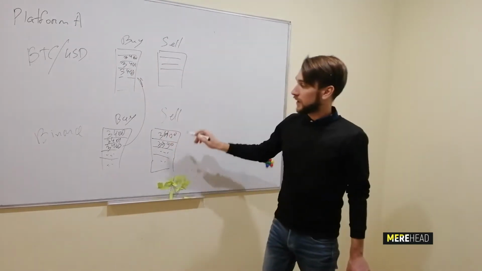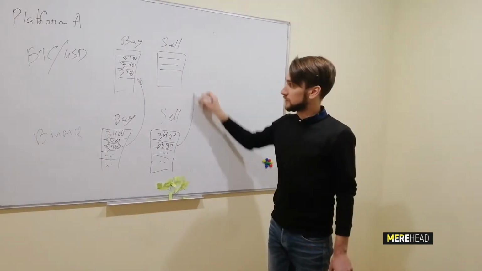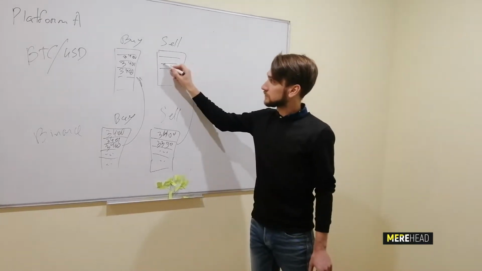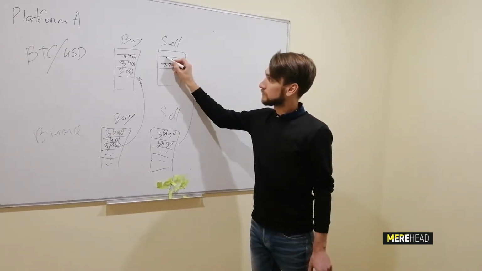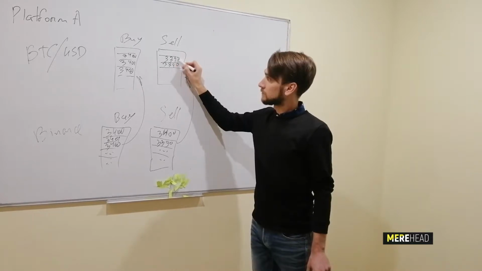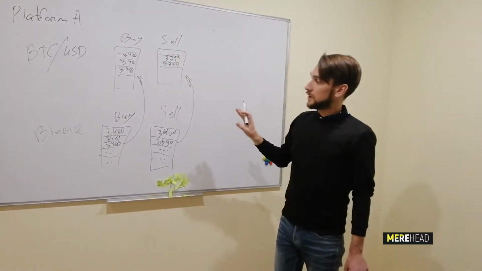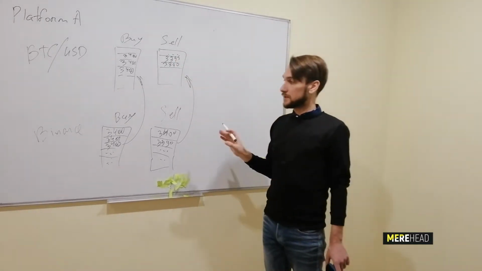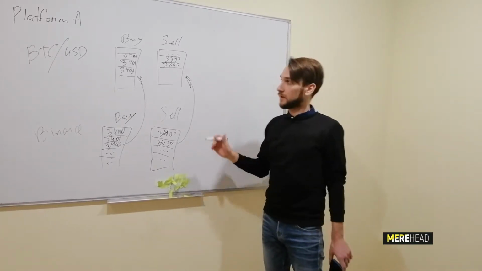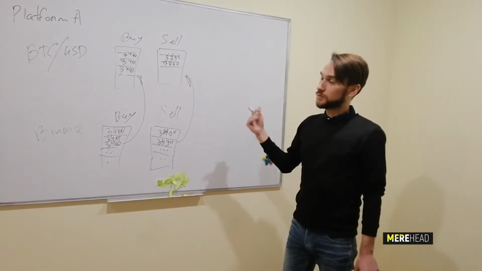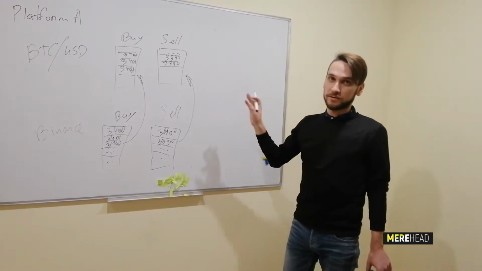And so on. The same is for the sell side. I have to say that this mechanism works on both sides, from your platform to Binance and from Binance to your platform.